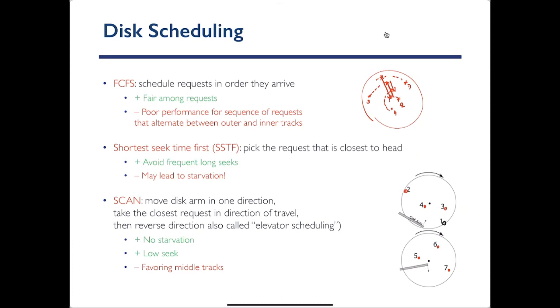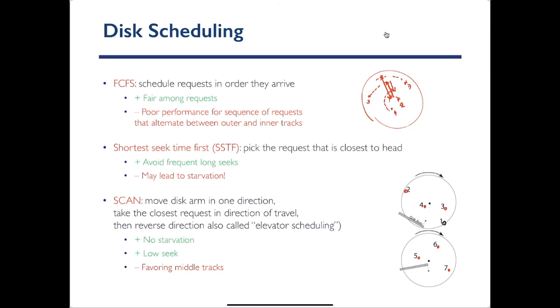Now this avoids starvation because the arm is covering all the tracks. It has low seek time because we're just moving in one direction, and any request that comes to us will be answered. However, it's basically unfair because we are favoring the requests in the middle tracks.